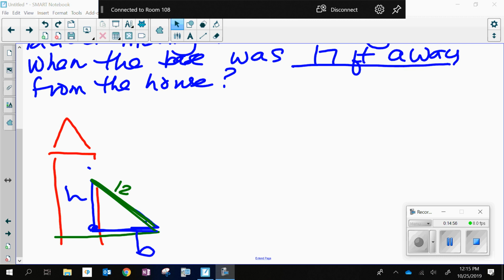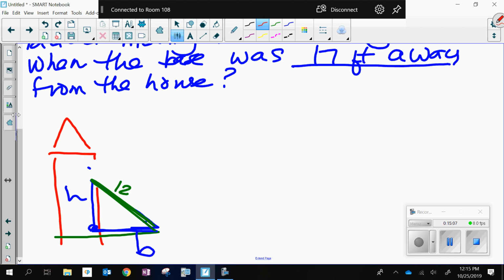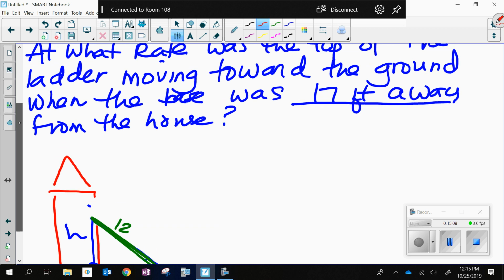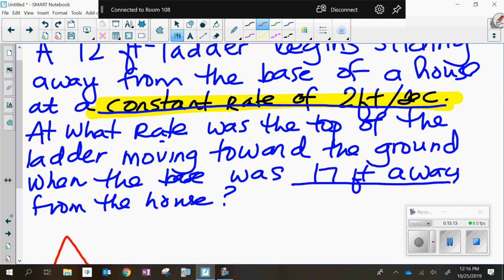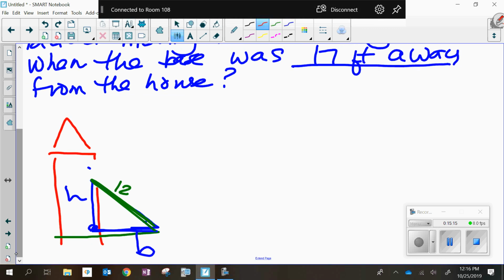All right, here we go. Okay, so I need an equation to relate h, b, and 12. No, I don't yet. First of all, what do I know? Okay, so dB/dt is what?